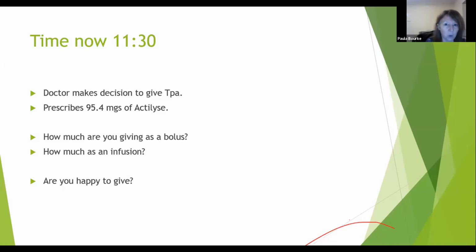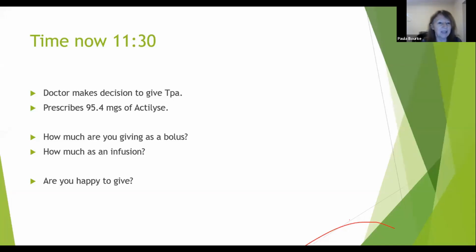Yeah, that's 100. So you're going to say to the doctor, doctor, can you please re-prescribe 90 milligrams? And then you're going to give 9 as a bolus and 81 as an infusion. Yeah? Please do not give the 95.4.